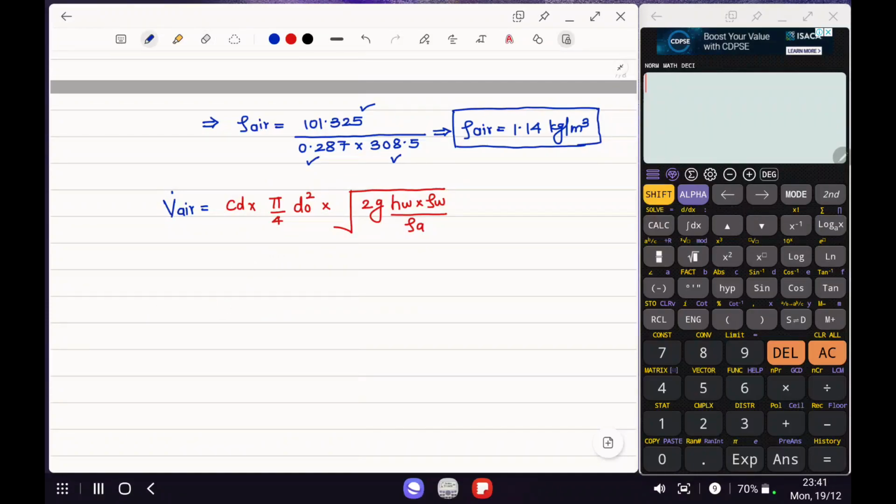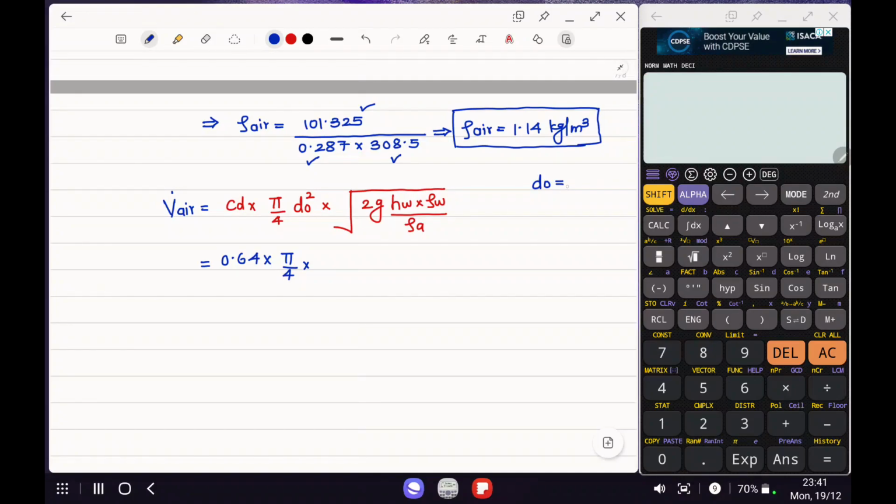Thereafter, now how to do these things? CD, that is coefficient of discharge of the orifice meter, it is known to us, it is 0.64. So I will put it here, that is 0.64. Then pi by 4 as it is. In our experimental setup, the diameter of orifice, just give me a second, I'll check it.